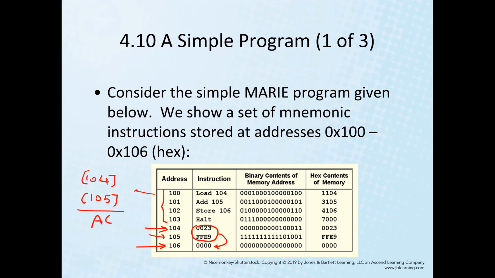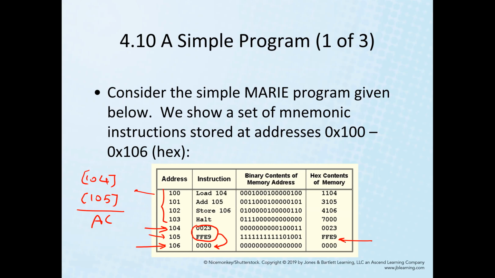So this instruction, this short program, in fact, added 23 and FFE9 and put it in 106. Who can tell me what is the decimal equivalent of FFE9? What number is that? Any idea?